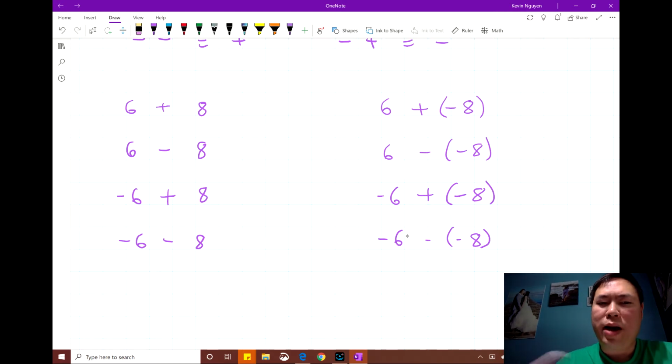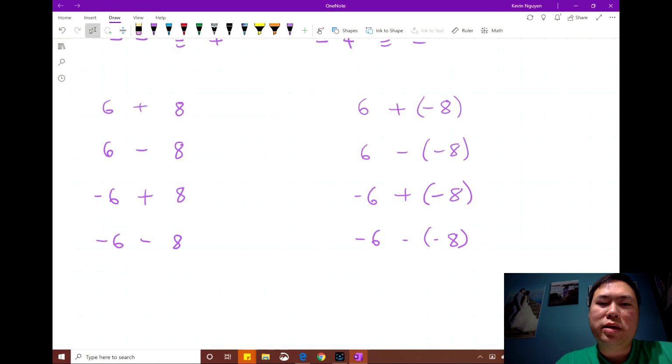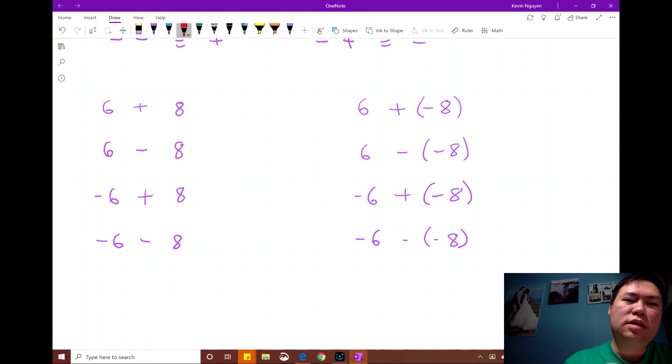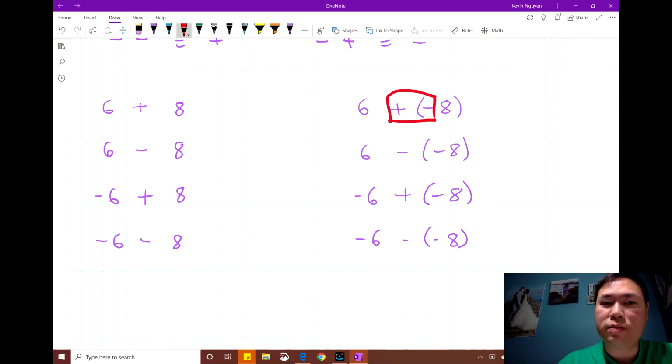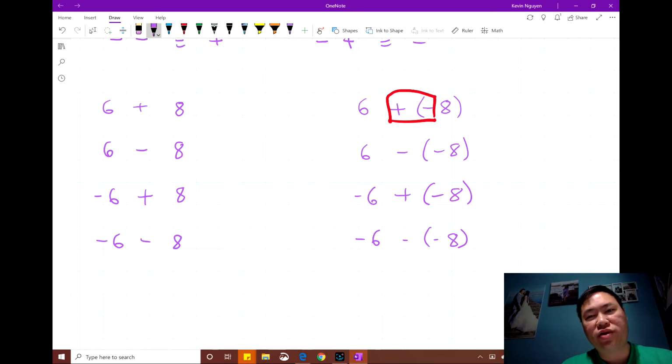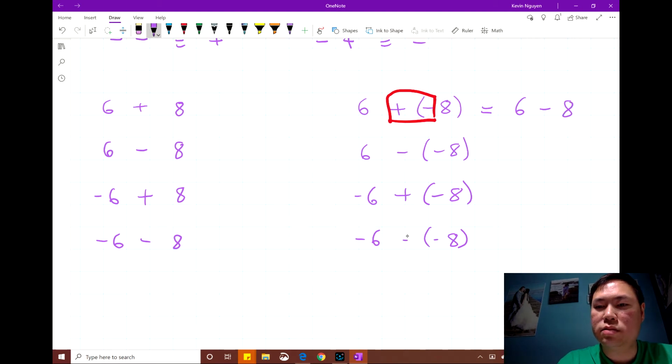So combining signs, that first strategy, will immediately eliminate the complication on the right-hand side, because when there are two signs together like this, plus and minus, they are multiplying together. So the rule is two different signs, you combine them, it's going to become minus. So instead of writing 6 plus negative 8, we'll write 6 minus 8.